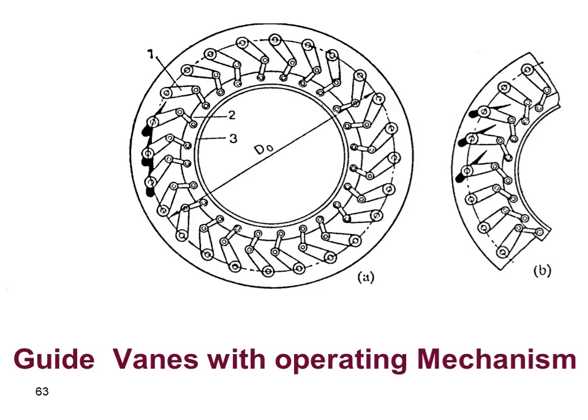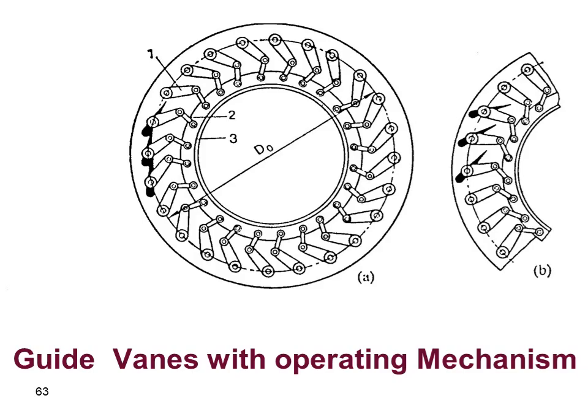In A, the guide vanes are completely closed. In B, the guide vanes are completely opened, by just rotating this ring. Where is the ring?